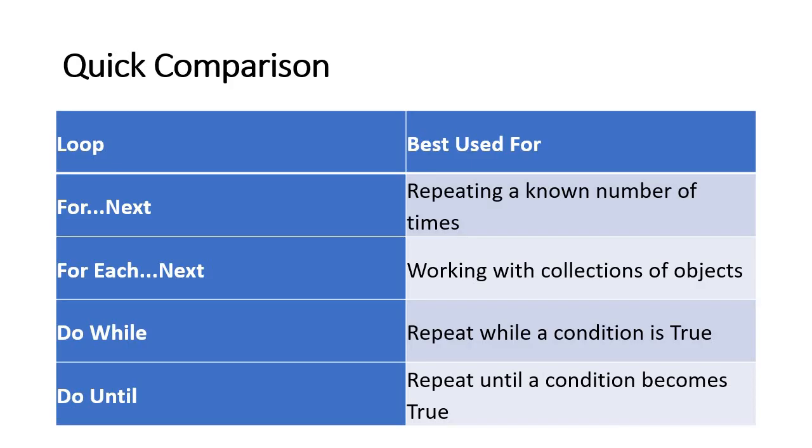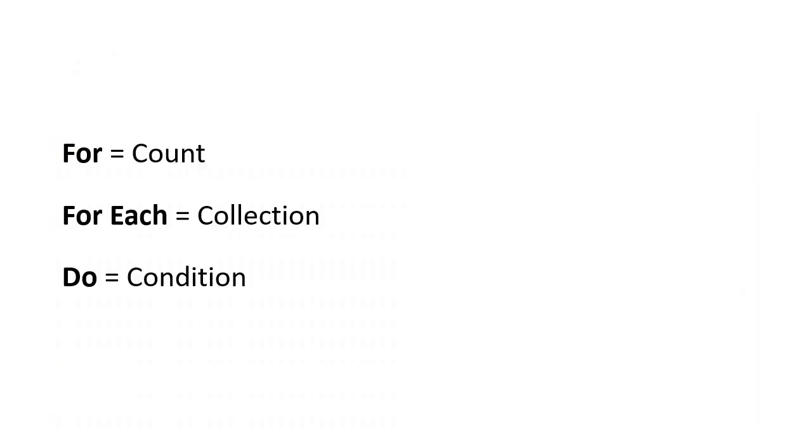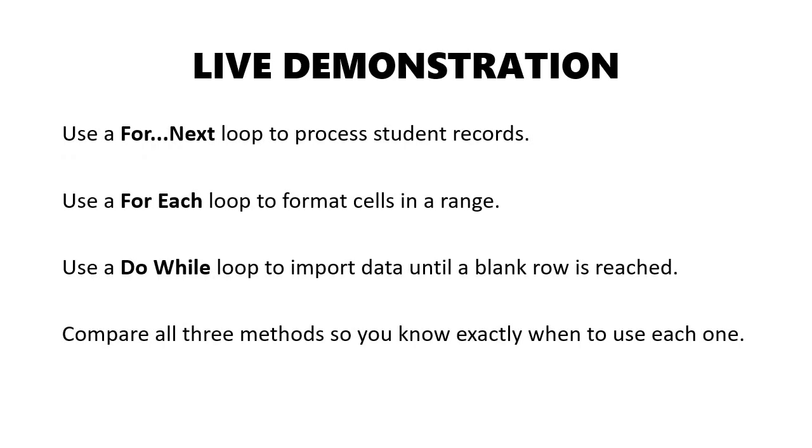Do Until repeats a loop until a condition becomes true. Remember this. The For loop is used to count. The For Each type of loop is used for collections. The Do type of loop is used to satisfy a condition. That's an easier way to remember which type of loop to choose.